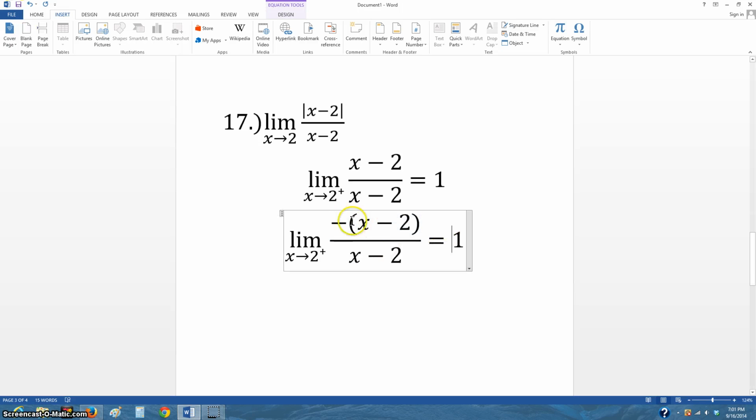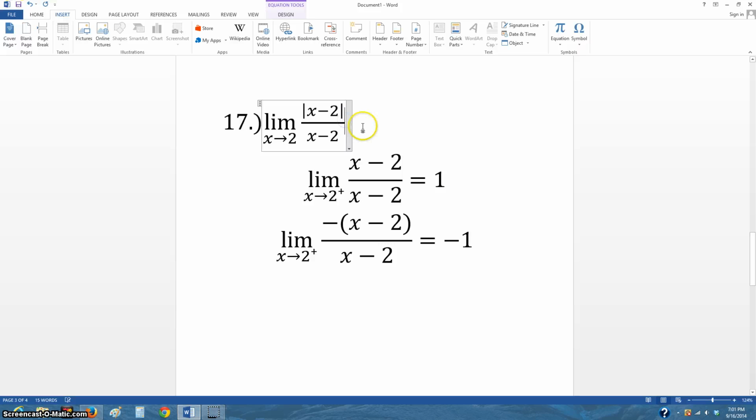If you reduce this, these two cancel out right here, which will just leave you with negative 1. Therefore, your limit overall does not exist. You could have done this by hand, or you could have just punched it into your calculator and noticed that the graph has some discontinuity and your limits from the right-hand side do not match up with the limits from the left-hand side.